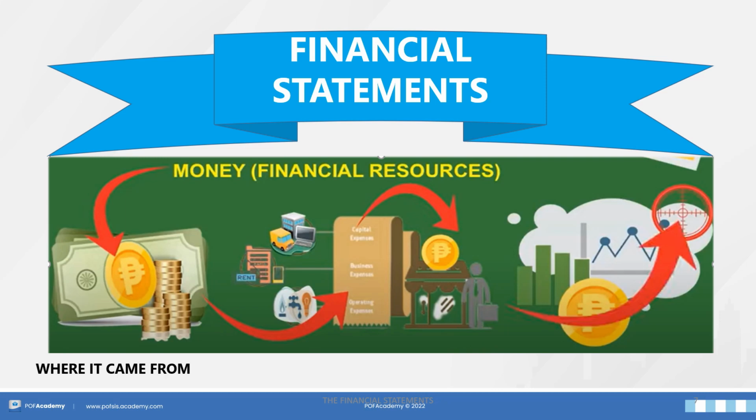It also tells us where the money went. Was it used for capital expenses, such as acquiring property, plant, and equipment, or payment of rent and other business expenses, or the money spent on paying operating expenses, such as utilities and salaries and wages?